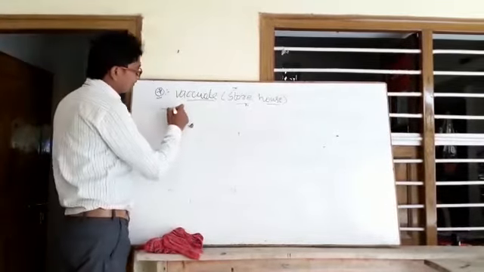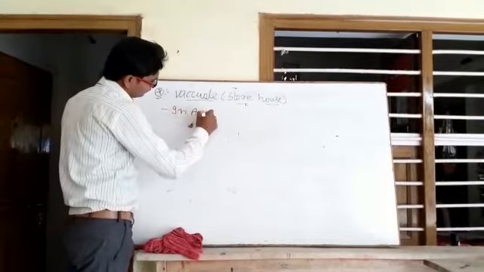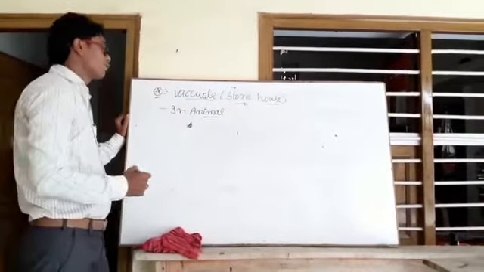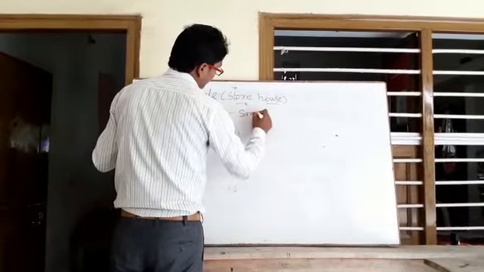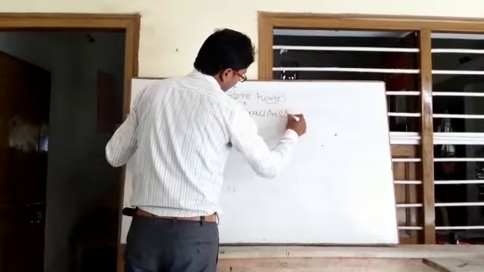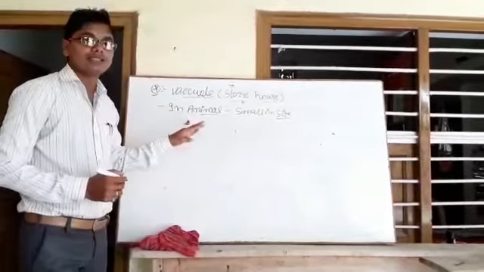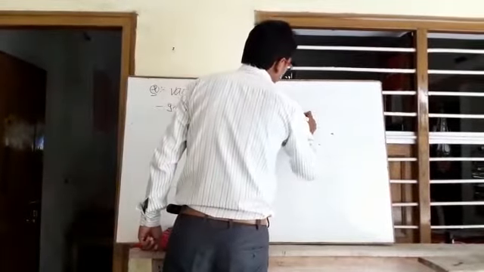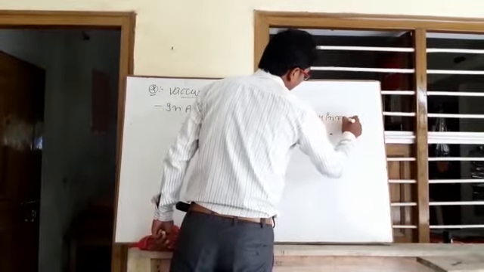In the case of animals, vacuoles become small in size. Just like small ones, many in number.